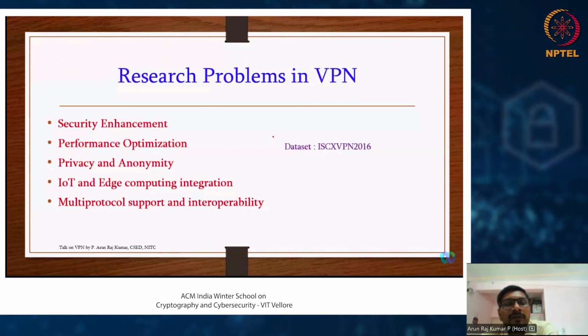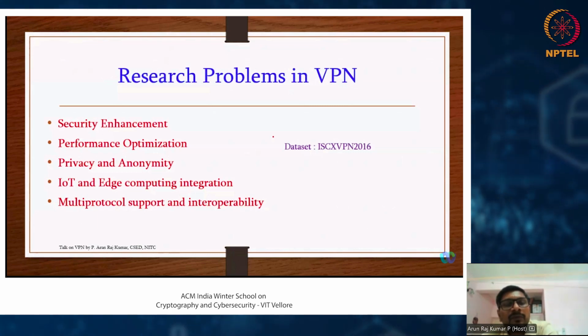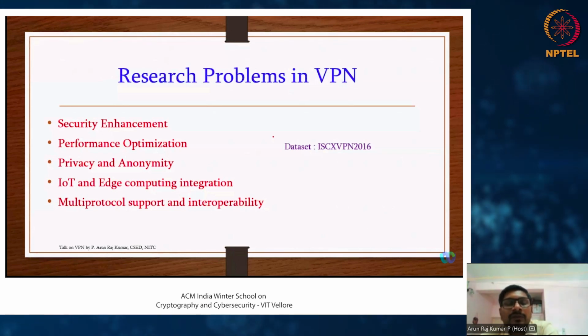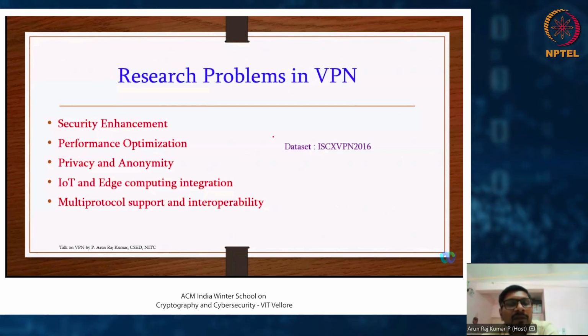That is also one more important parameter, because based on the bandwidth, throughput, and latency of the transmission link, how to optimize the performance, because some cryptographic algorithms have very high computational complexity. Therefore, we need optimized performance in terms of computational complexity.